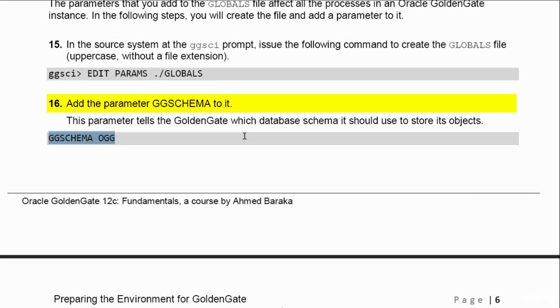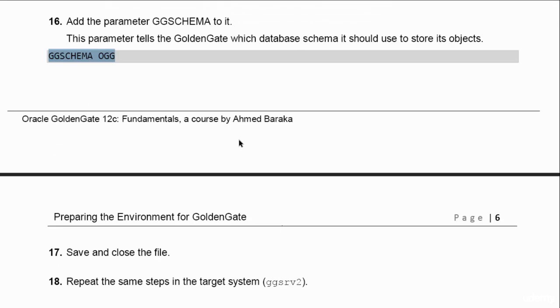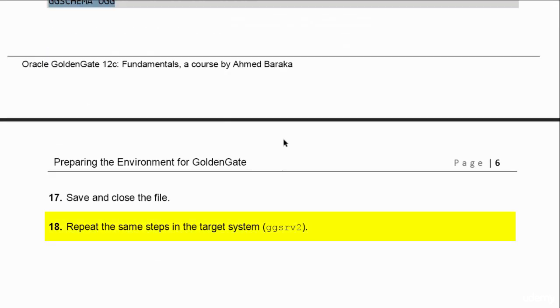So you created the GLOBALS file and added the GGSCHEMA parameter to it. This parameter tells the Golden Gate which database schema it should use to store its objects, which in our case is OGG. Repeat the same steps to create the GLOBALS file in the target system.